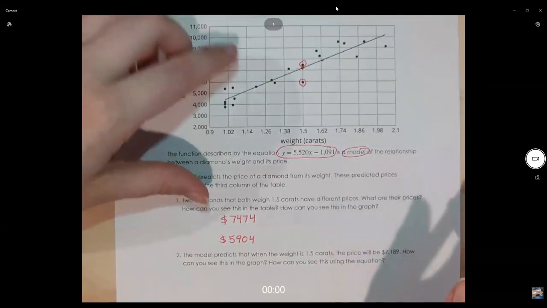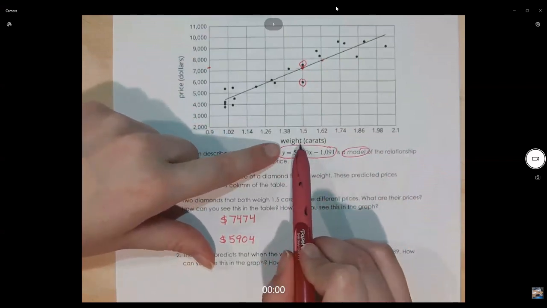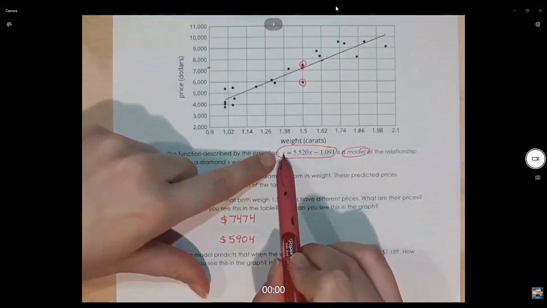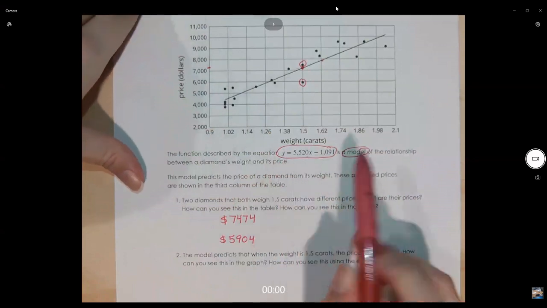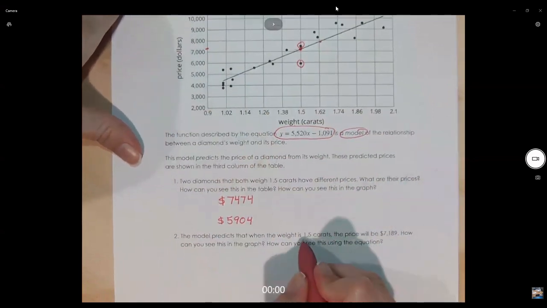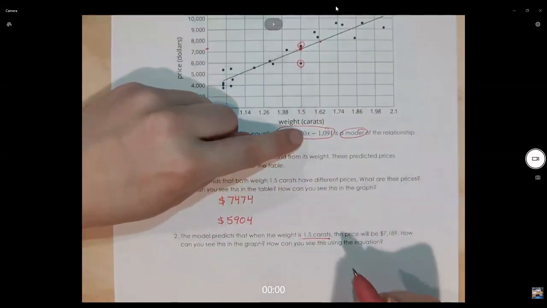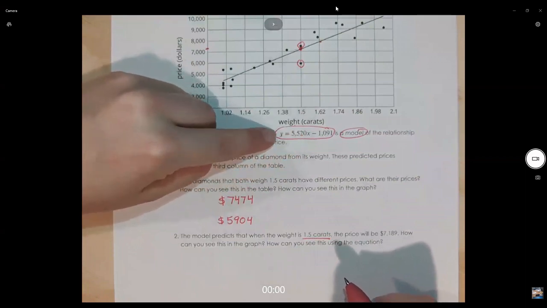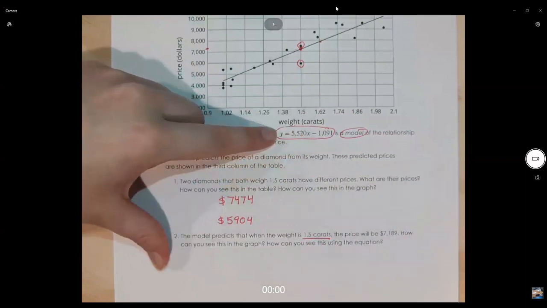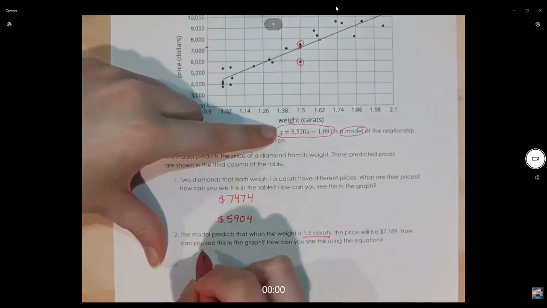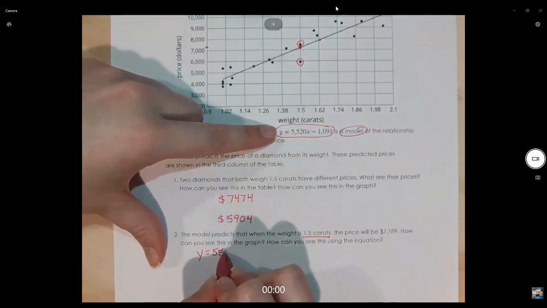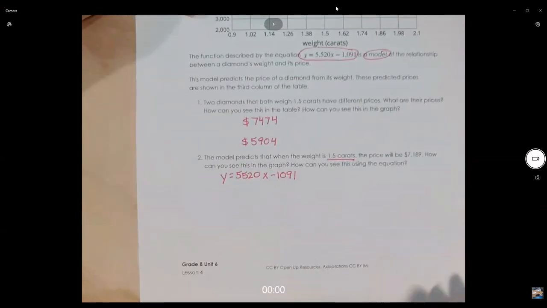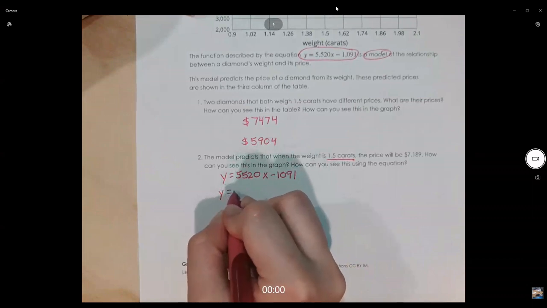So I know in this coordinate plane that my x values are the weight and my y values are the price. So if I know that the weight is 1.5, I could actually substitute that in for x and figure out what my price should be, or my expected predicted price is. So what I would do is I would take that equation, I would substitute 1.5 for x.